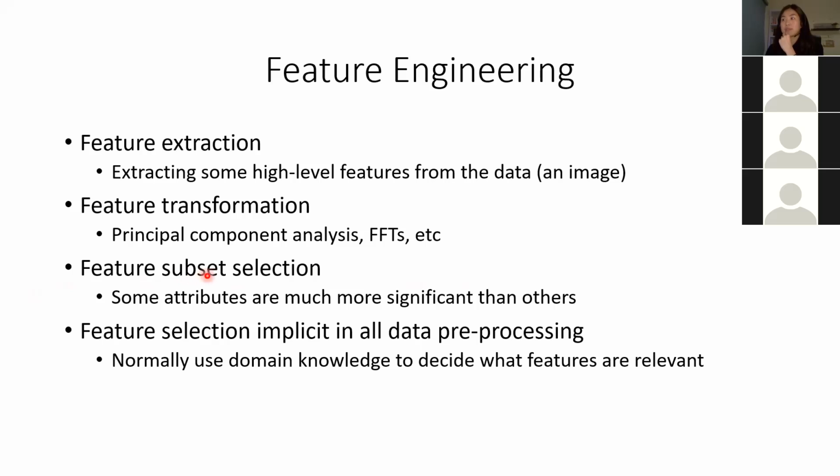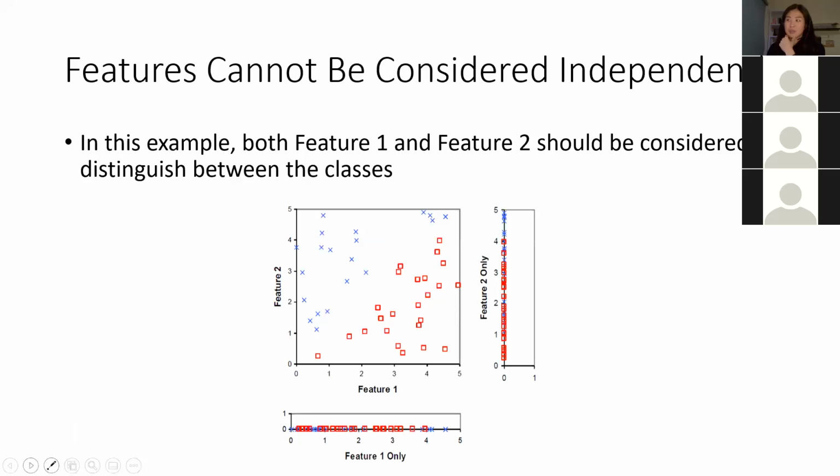And feature subset selection is the thing we just covered: some attributes are more important than others. Also, feature selection is implicit in our data pre-processing. This is a very important topic, by the way, and we could talk for an hour or two, but for now I'll move on.